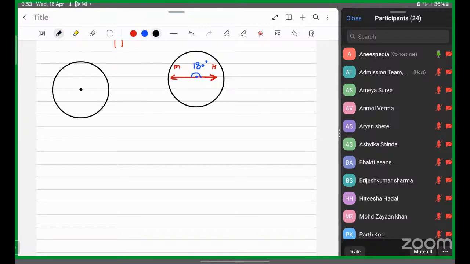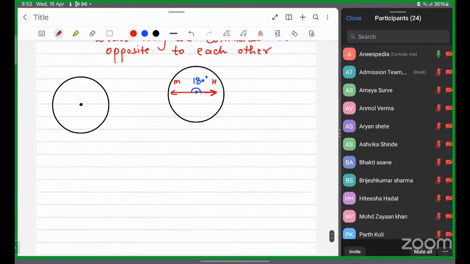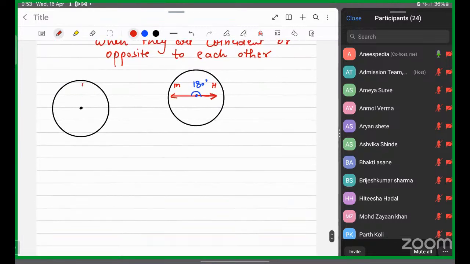Same is the case if they are coincident to each other. So let's say this is the minute hand and this is the hour hand. In that case, the angle will be 0 degrees. Understood?